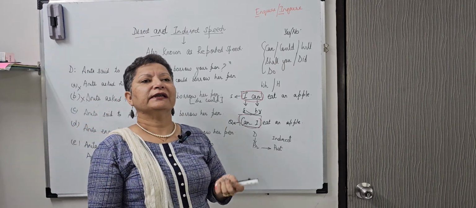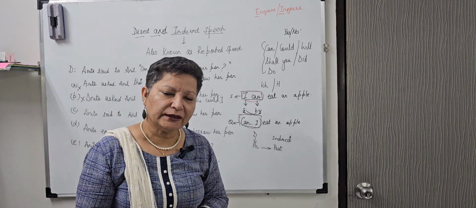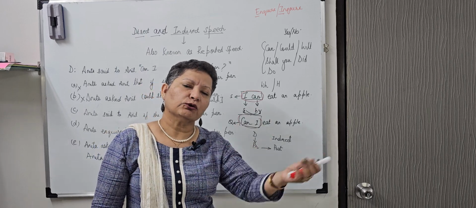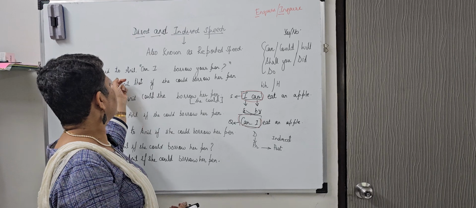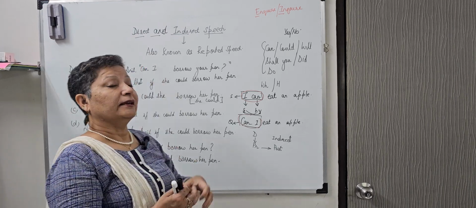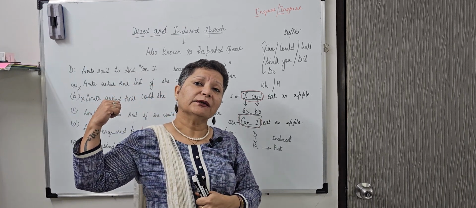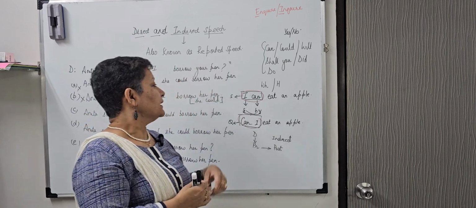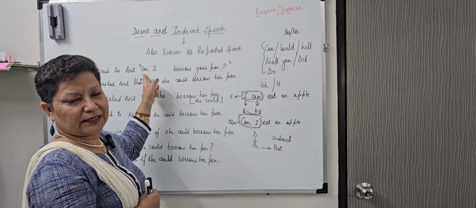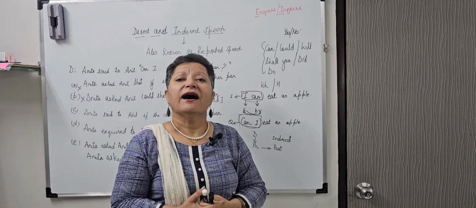Now this, if it has been witnessed by another person, Ravi, and Ravi is speaking to someone else, quoting what Anita had said, he would have said that Anita asked Anil that, and something has happened in the past for what is being reported now. So, whatever is the helping verb in the present will go into the past.